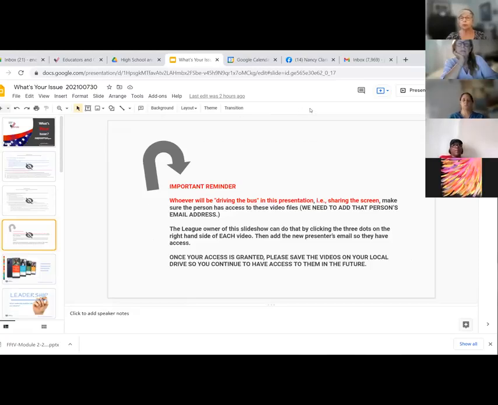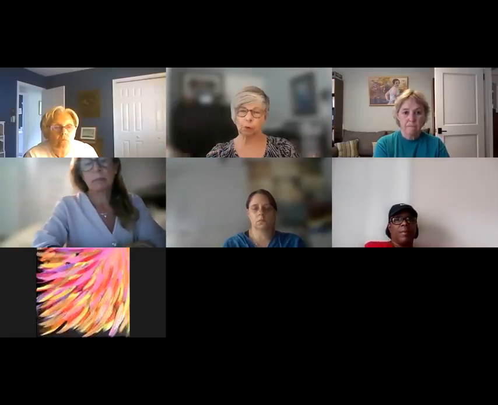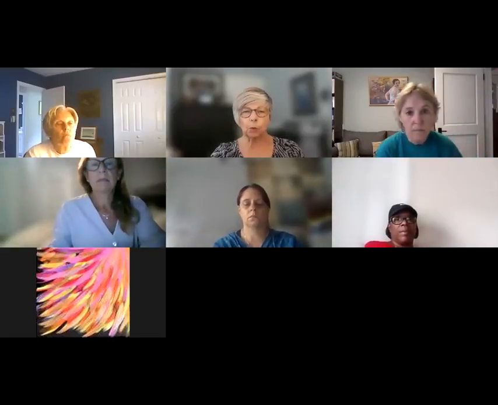So I am going to go back out, and hopefully I will be able to show you that, but I'm not sure if I can. So what happens when you say share your screen, the white screen pops up with the things that you can show on your screen. And in the lower left-hand corner, there are 2 little white boxes.